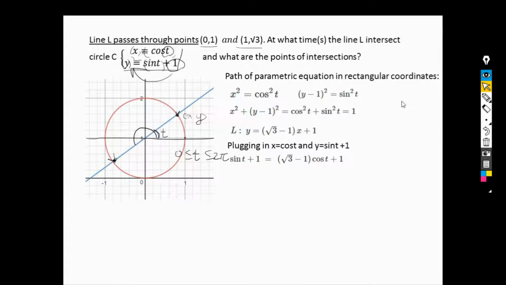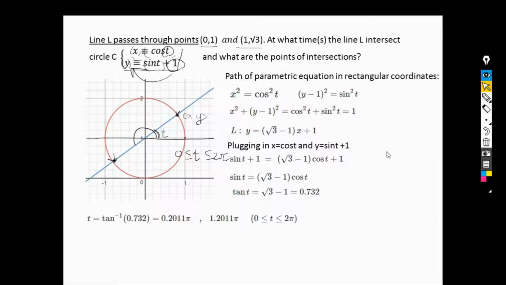So to find the t, plug the parametric equation back into the L equation, the line equation. And then we can simplify by making a tangent t, which equals 0.732. So when we take the inverse of tangent, we will get the t-value. But we need to know that the tangent graph repeats every pi.